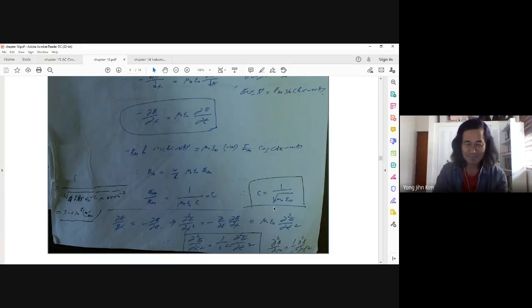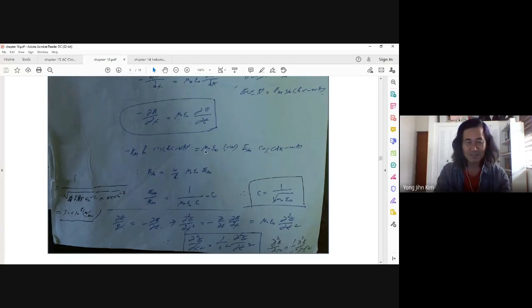Okay, and then we found this equation on the previous page: round E, round x is minus round B, round t. Here I apply round x one more time. So round square E, round x square is equal to minus round t, round B, round x.